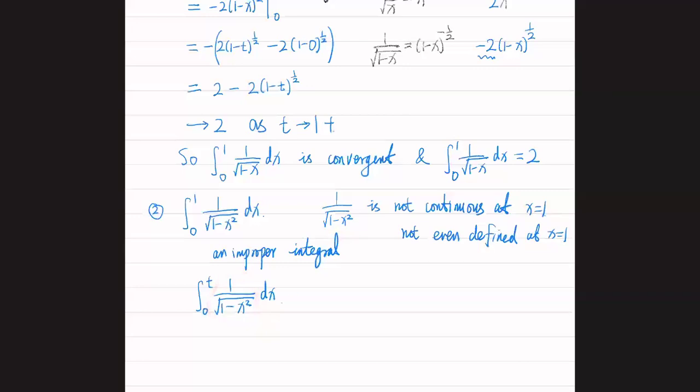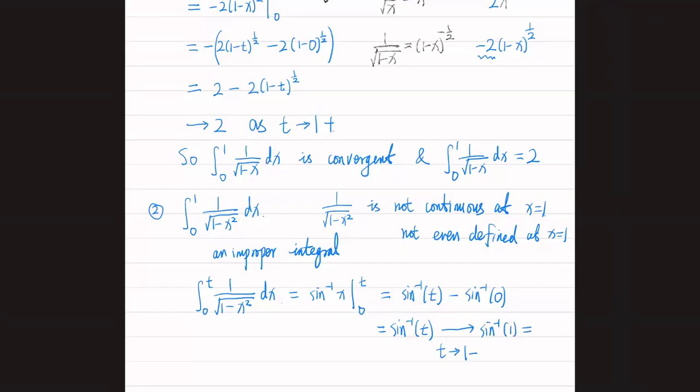So we found the arc sine from 0 to t. Arc sine t minus arc sine 0, and arc sine 0 is 0. So it's arc sine t. Now what happens when t goes to 1? It's arc sine 1.